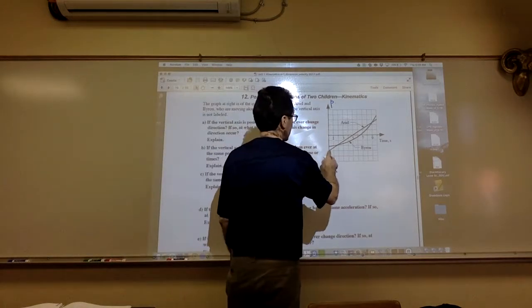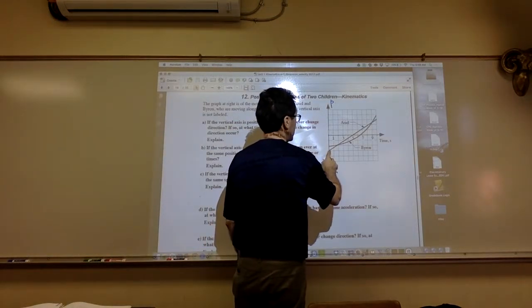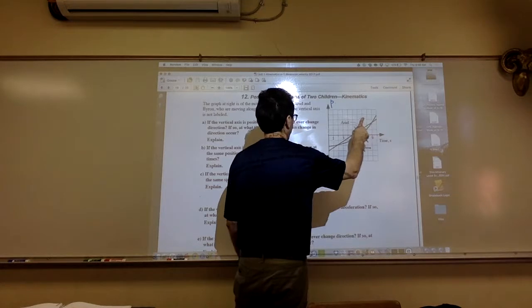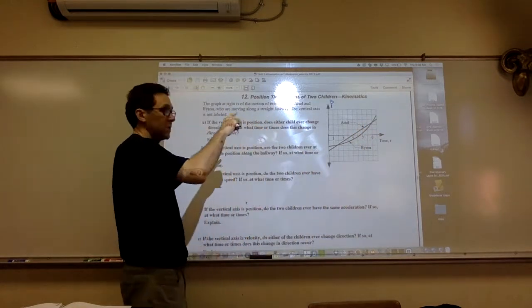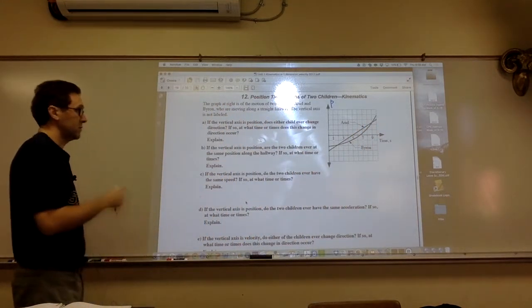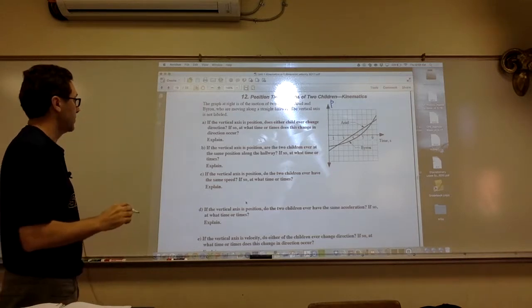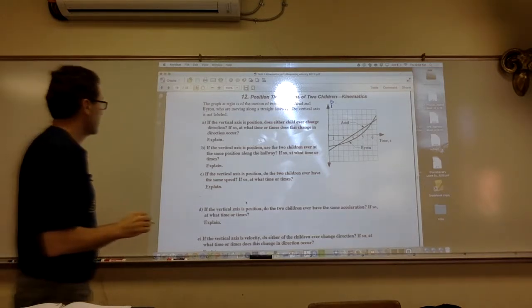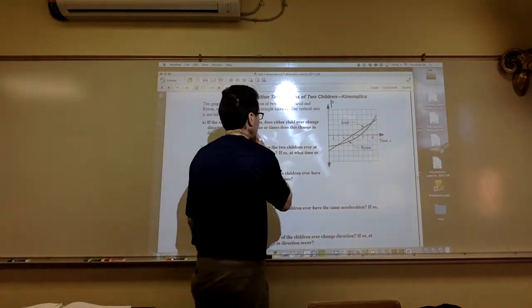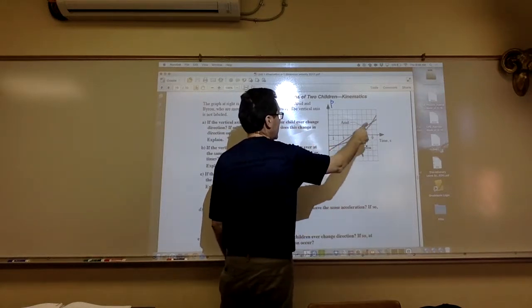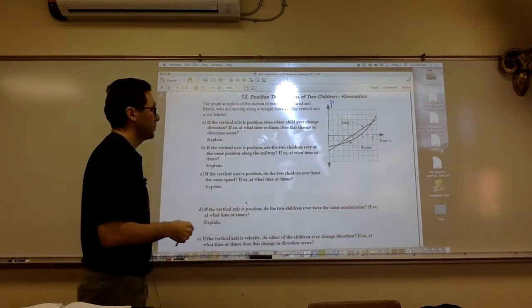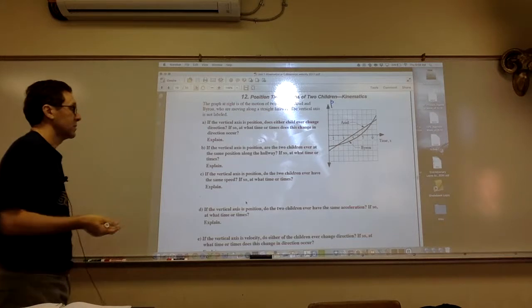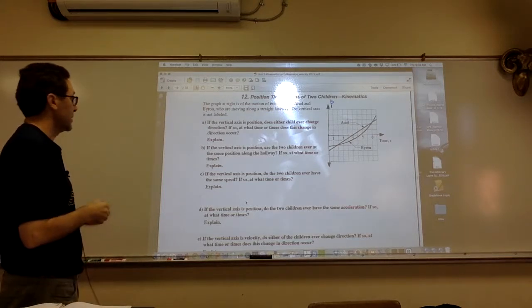And the reason for that is because position is increasing in both cases. It never kind of like increases and then it decreases. It just keeps going up. Another way you can look at this is that the slope of either one of these lines always remains positive. It never turns into 0 and becomes negative.